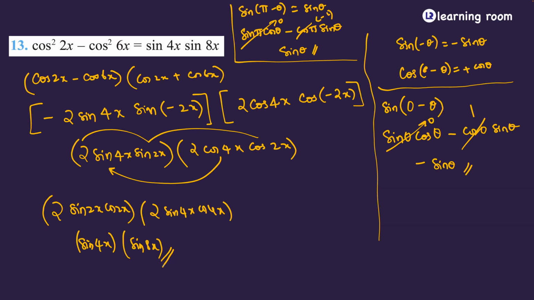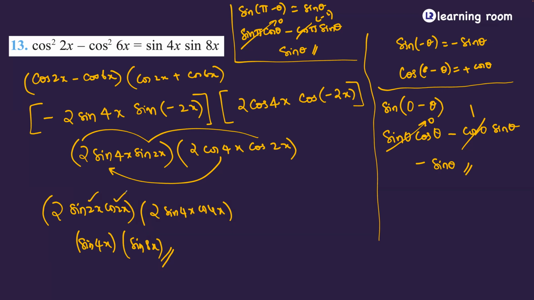I paired sine 2x with cos 2x. Yes, you have 2 sine of one angle and cos of the same angle.